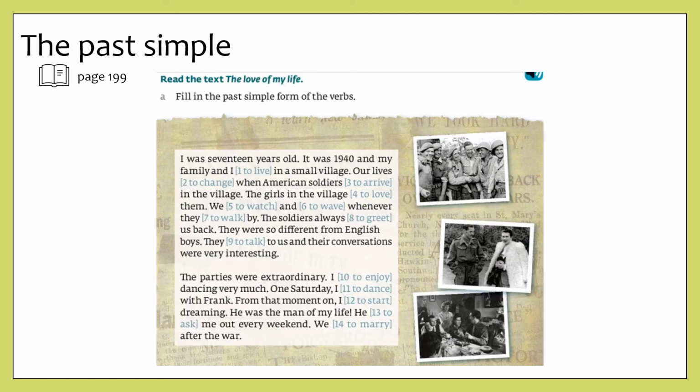Let's practice. So, that was the basic idea of the past simple. Now, I want you to have a look at exercise 8 on page 199. There you see a text. In that text, you see 14 blue infinitives. I want you to put all those verbs, all those infinitives, in the past simple form.